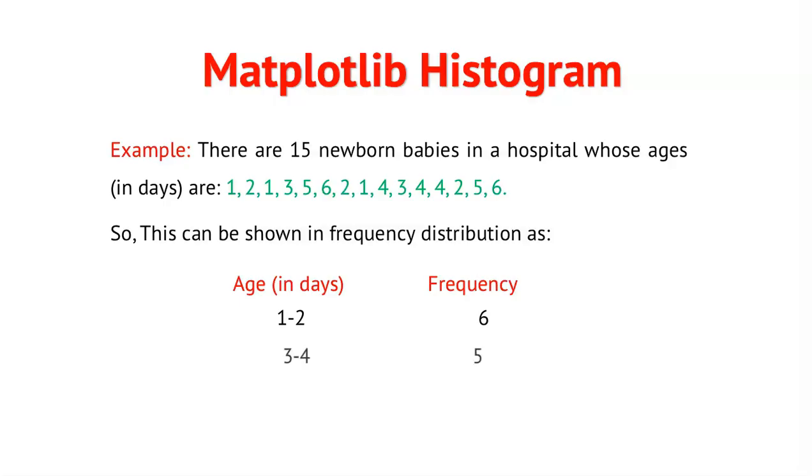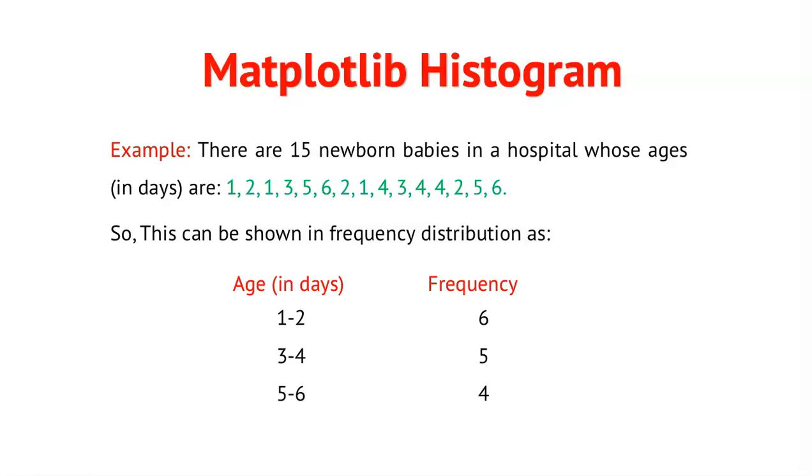At the age of 3 to 4 days, there are 5 newborn babies, therefore the frequency of the 3 to 4 days age group is 5. In the same way, the frequency of age group 5 to 6 is 4.